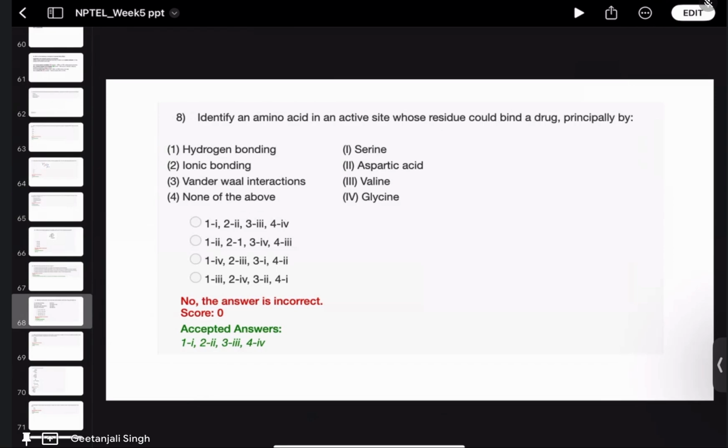Aspartic acid has an acidic group, glycine is an achiral amino acid, and valine is small and has CH3 as its R group. So obviously hydrogen bonding is the one that will go with OH. So serine, ionic bonding, aspartic acid because it has COOH, van der Waals interaction, obviously valine, and fourth glycine because it has just H.